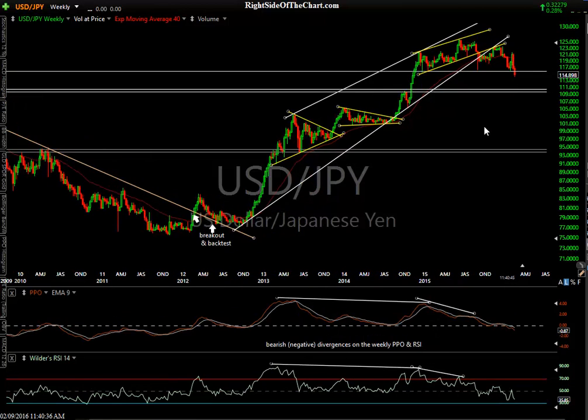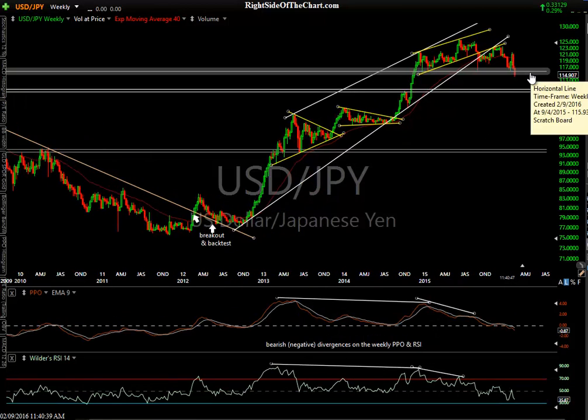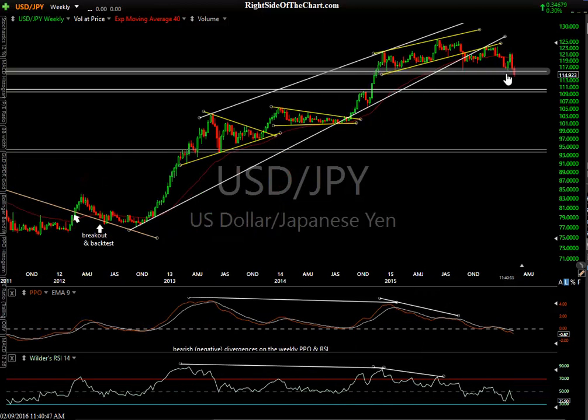My targets. This is a fairly well-defined support shelf around 115.94. You can see the reactions there, a reaction recently, and now we just broke down.